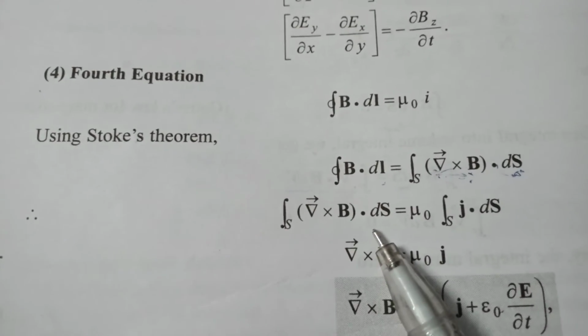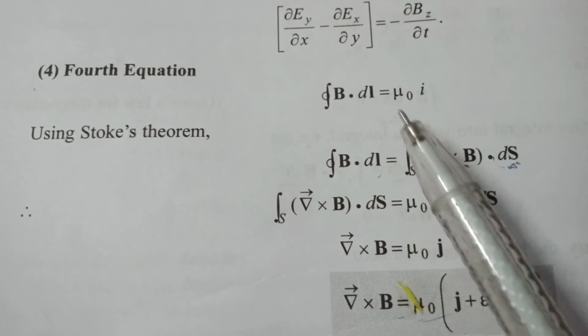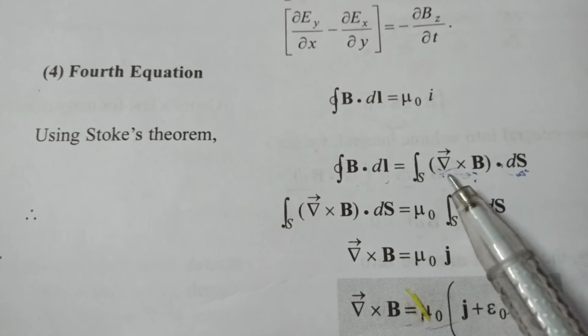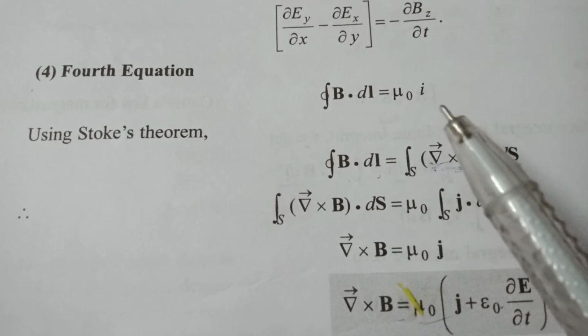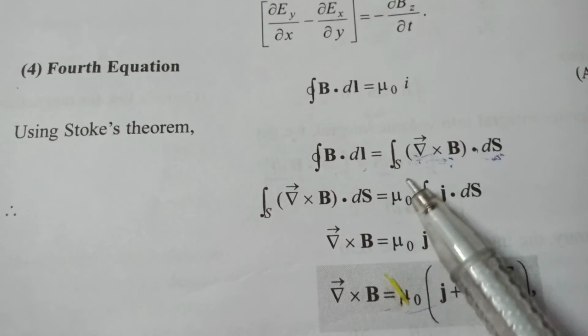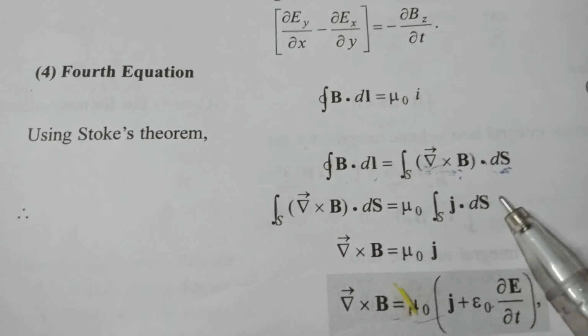Now del cross B dot dS is equal to, see, in place of B dl you are writing all this. Mu 0, I is written as the integral over the surface of J dot dS.